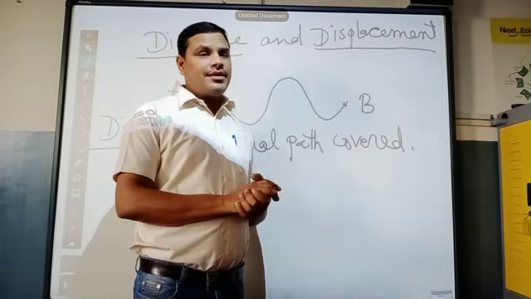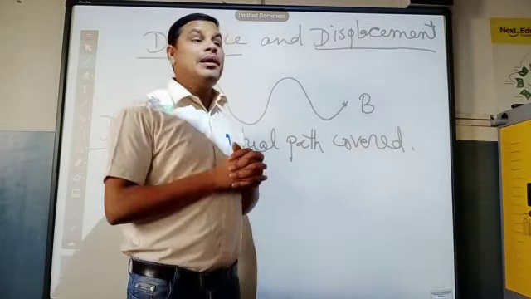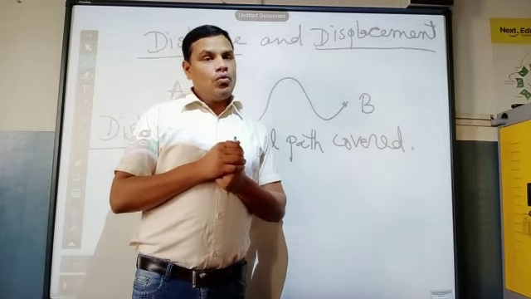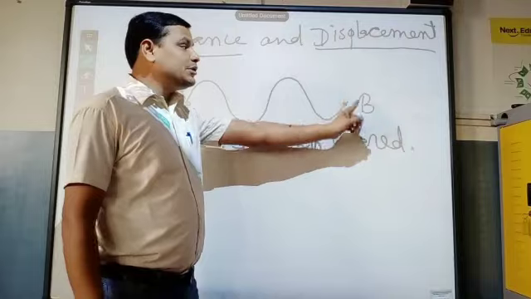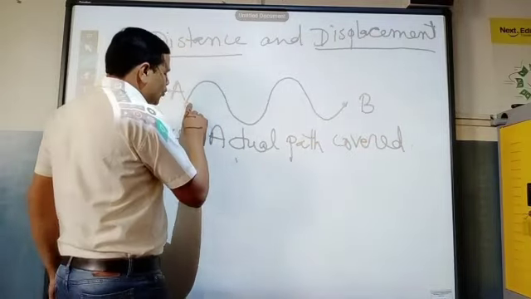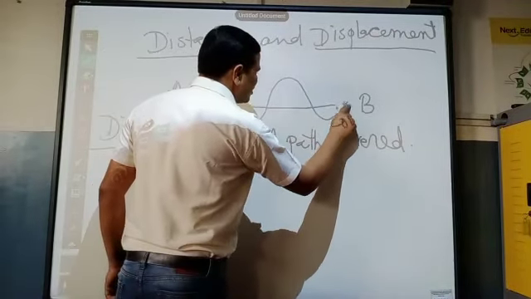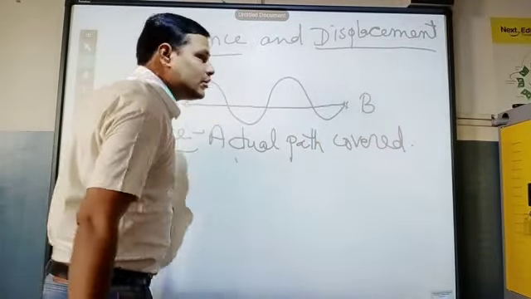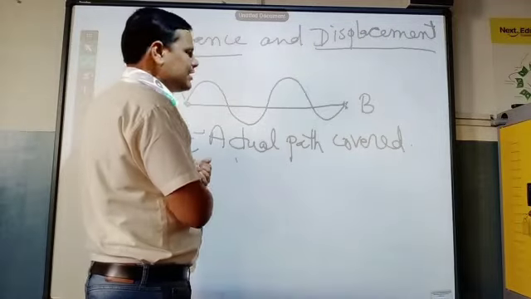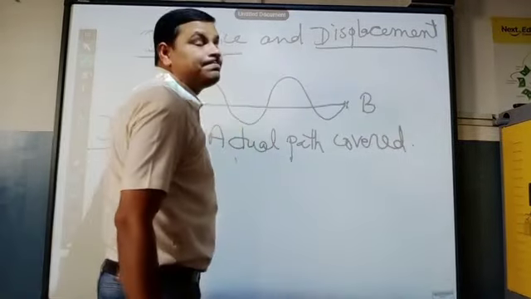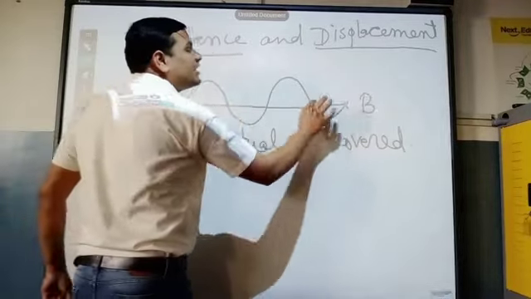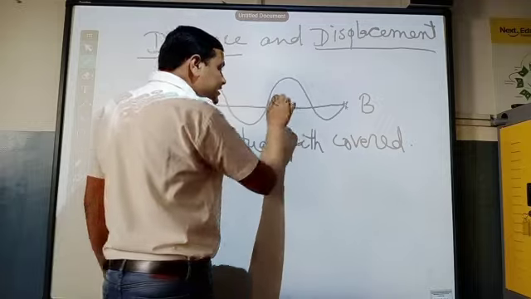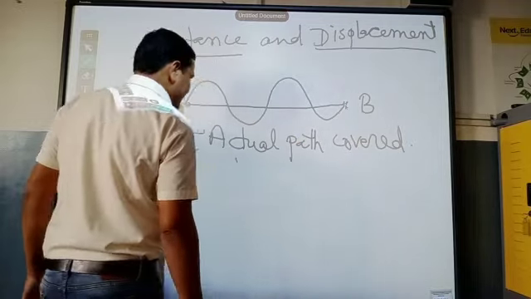Now, one more case is there. Suppose that you don't want to go by bus. You are going by aeroplane. Now, to your destination you have to reach by aeroplane. So, how you will go? You will go straight. That means, now, according to you, in which case time will be less? Then your answer will be surely, sir, with aeroplane our time will be less. This is the shortest path. This is the shortest path between A and B. This is known as displacement.